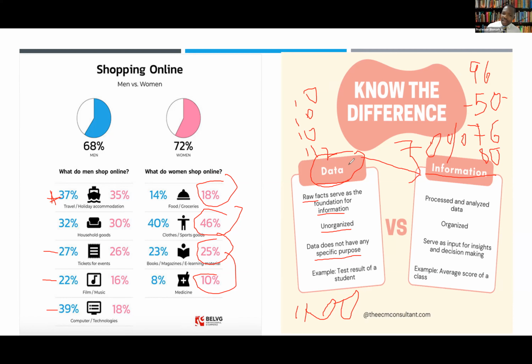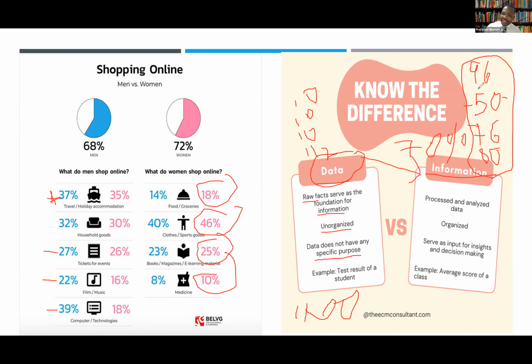We do this in e-commerce all the time when we collect data. So then it turns to process and analyze. I just showed you that right here. That's the part of analyzing and processing the data.